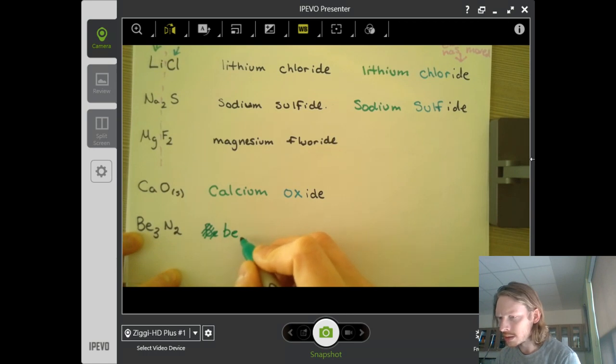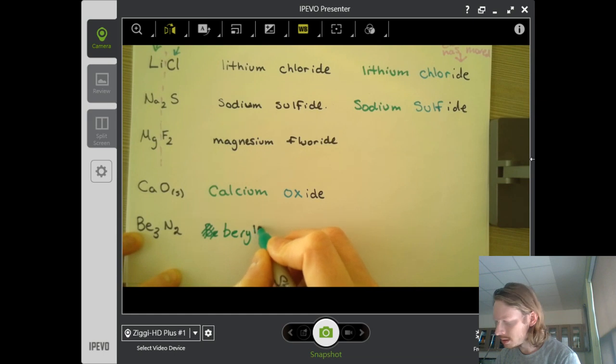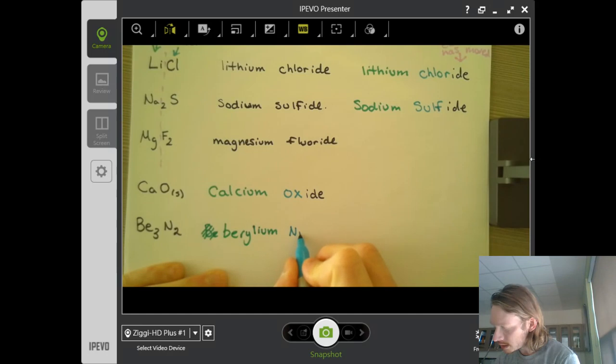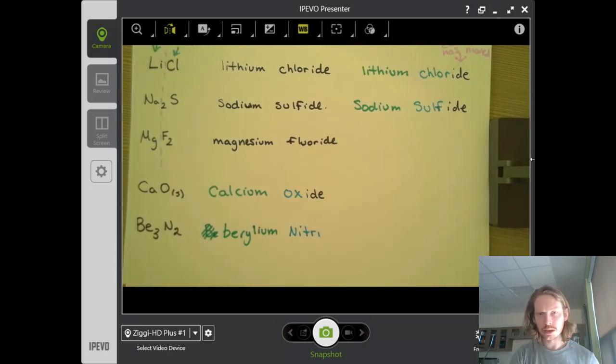Beryllium is our metal, so it gets its full name. And then we have nitrogen, so it's going to be nitride. Okay, with that ide ending.